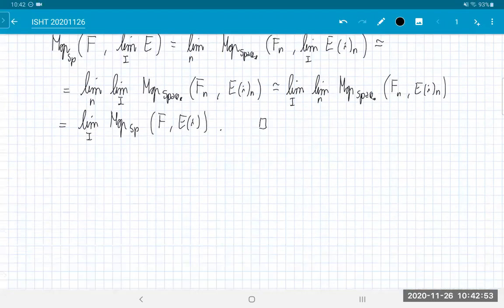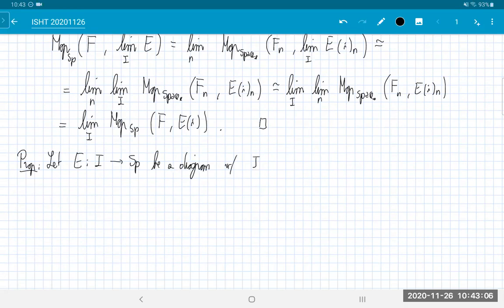So, okay, other propositions. Let E be a diagram in spectra with I filtered.